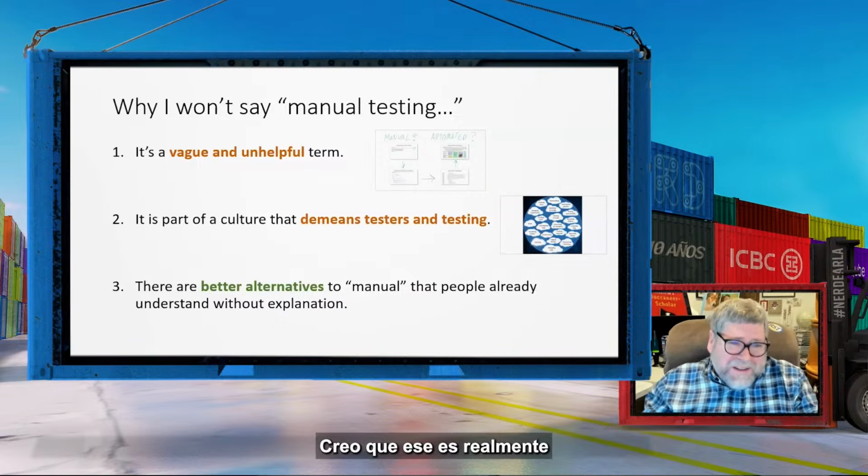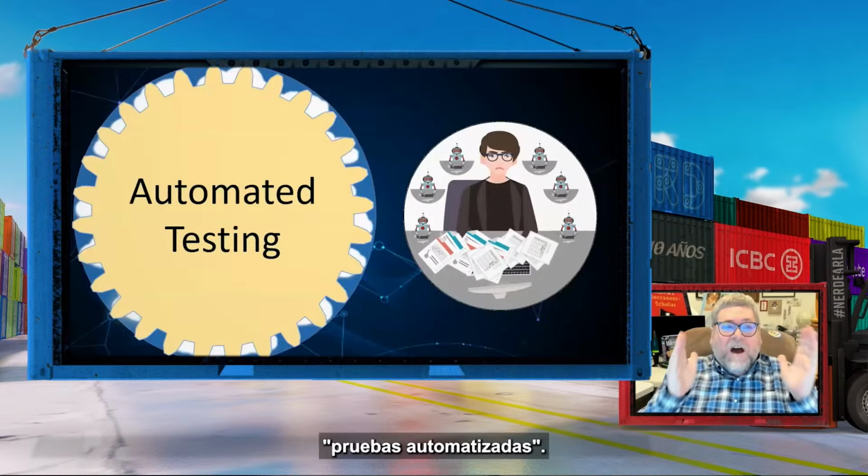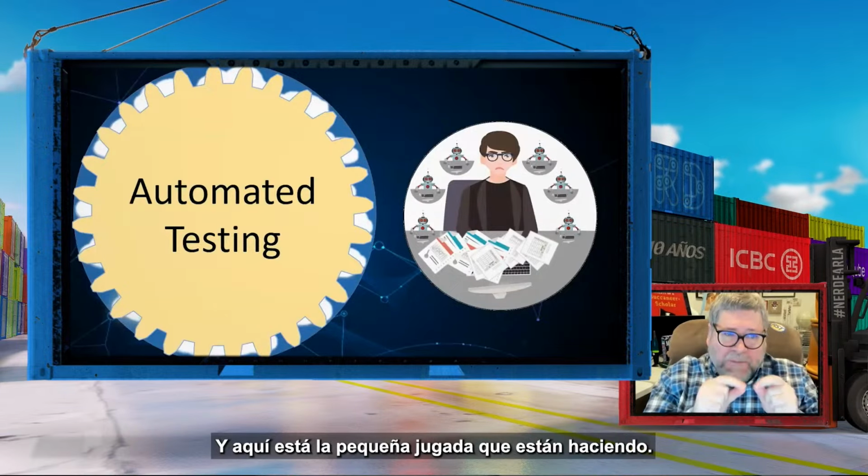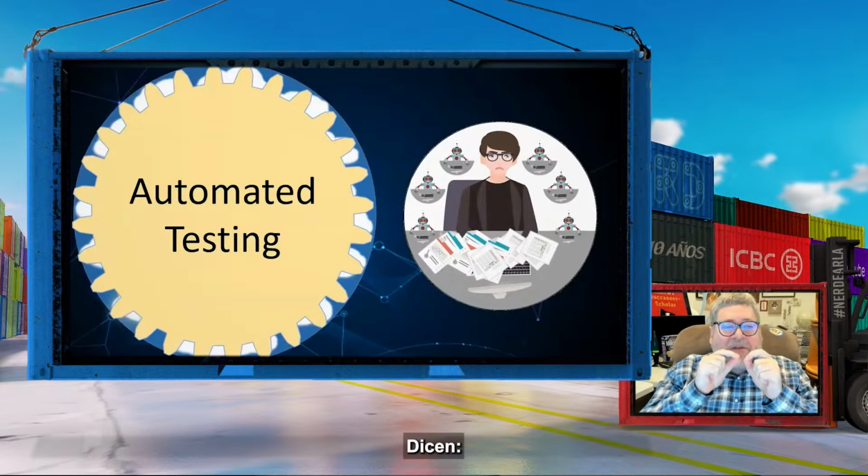But then there's this interesting move that they make, because once you're in the world of automated checking, most people would call it automated testing. I don't call it automated testing. I don't think you can automate testing, but a lot of people call automated checking automated testing. And here's the little move they're making. They say, oh, now you're doing automated testing.